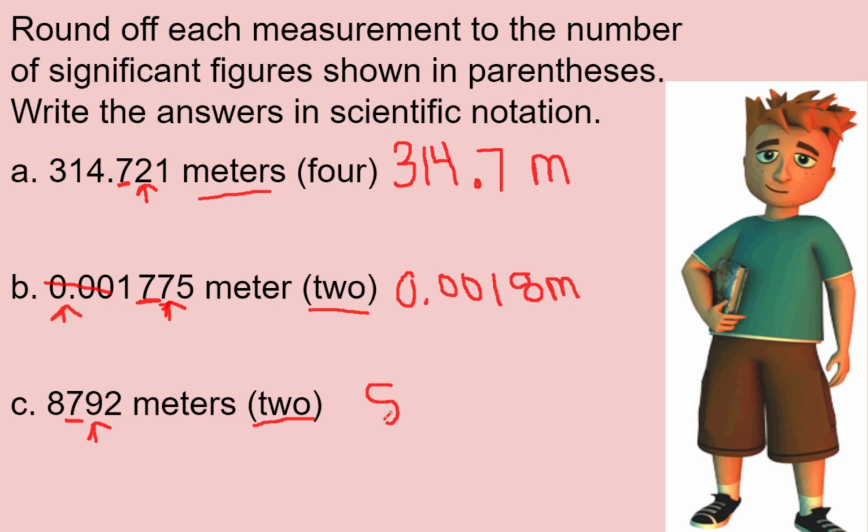So it's going to be 8, 0, 0, with no decimal point, otherwise those zeros would be significant. And we have to add our unit, which is meters. Hopefully you guys got that as well.